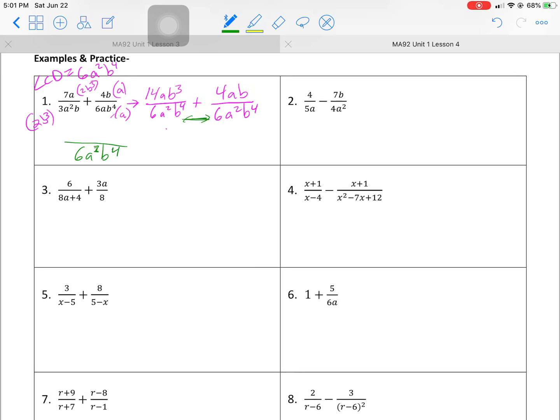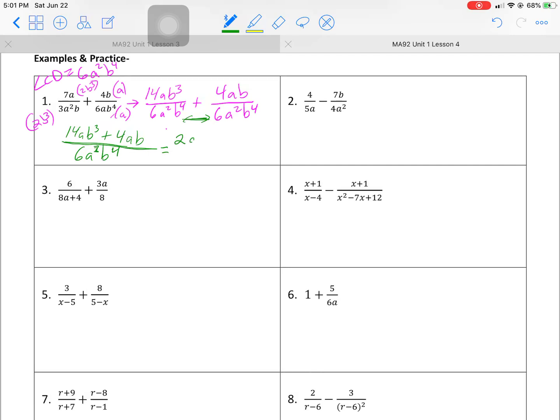Now I need to combine the tops. So I have 14AB cubed plus 4AB. Now, I can't reduce anything, because of this plus here I can't just cross anything out. But what I can do is see if there's a greatest common factor to pull out. So 14 and 4, what do they have in common? They have a 2 in common.